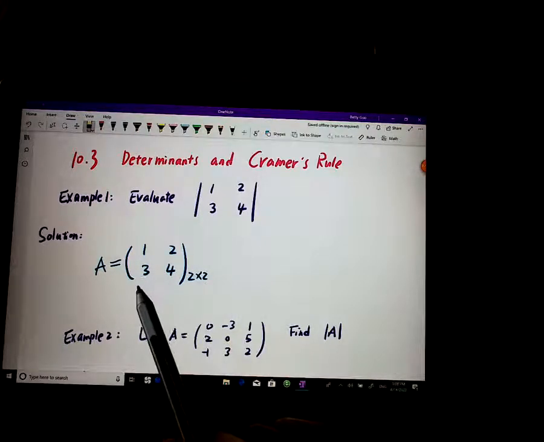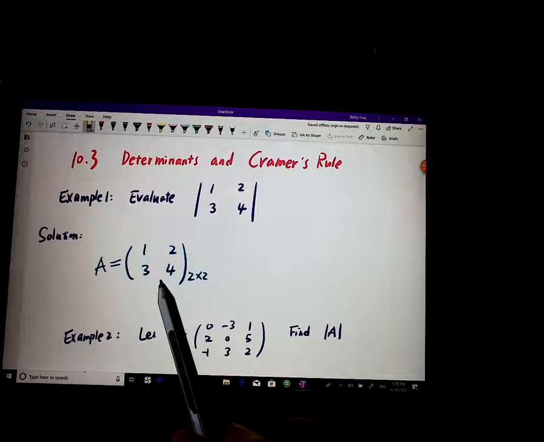A matrix doesn't have to be square. As I said, the number of rows could be bigger than the number of columns, or the number of rows could be smaller than the number of columns, or they could be equal. And only a square matrix could have a determinant.